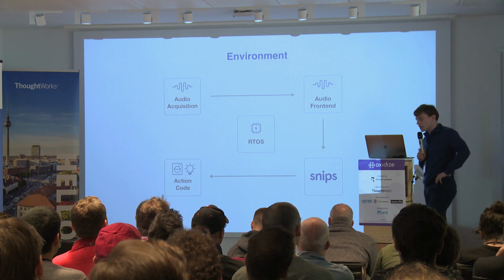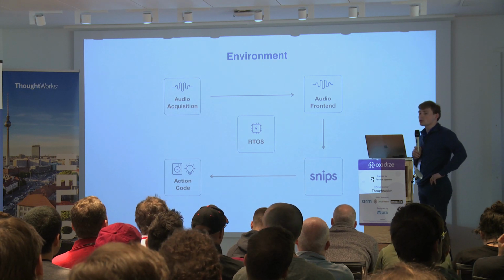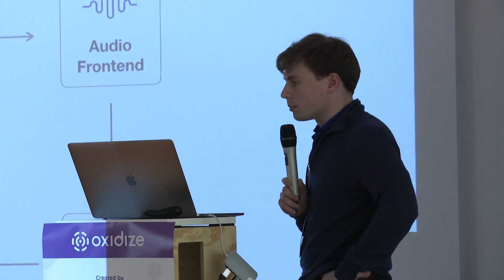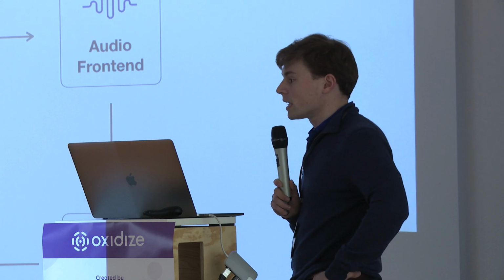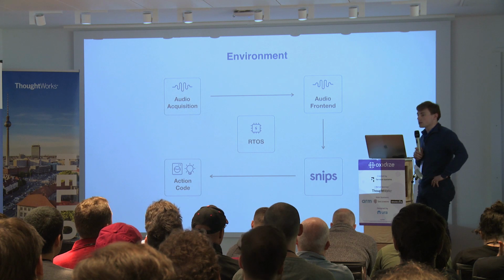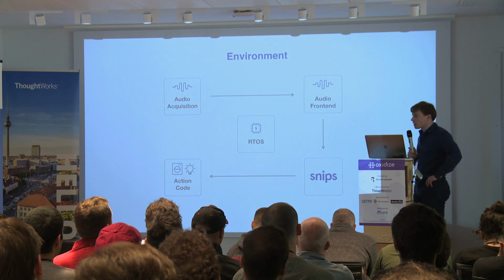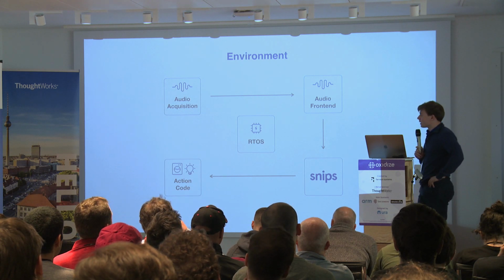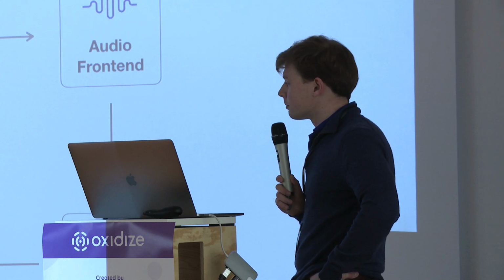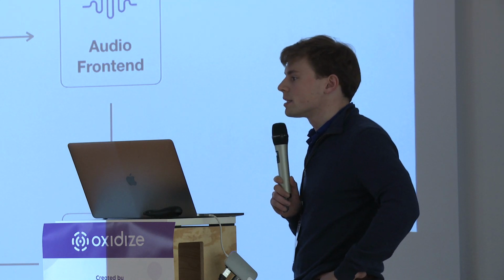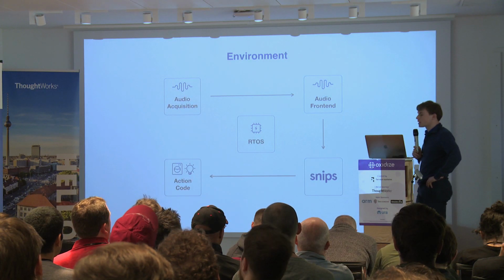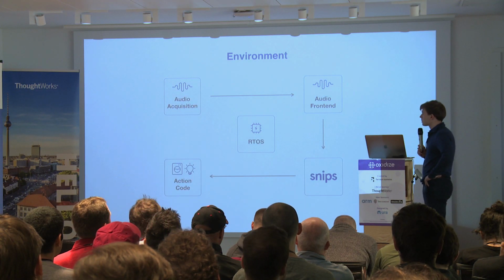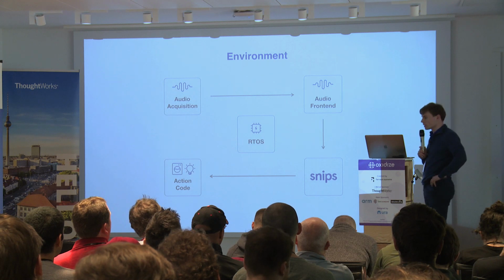The goal of the audio front-end is really to clean the audio signal, because the user can speak while playing music, in noisy conditions such as a conference, or in the kitchen. There are many noise conditions, and we need to have a clean signal. That's the goal of the audio front-end.